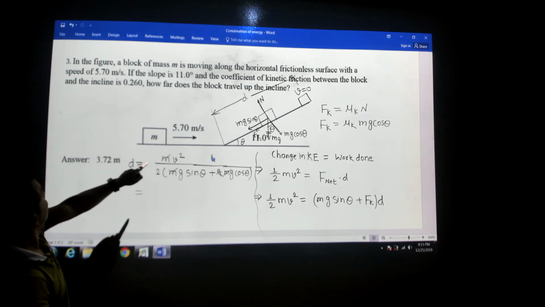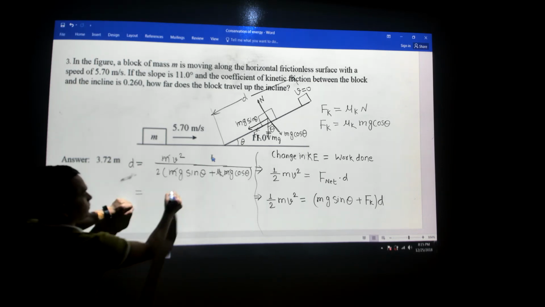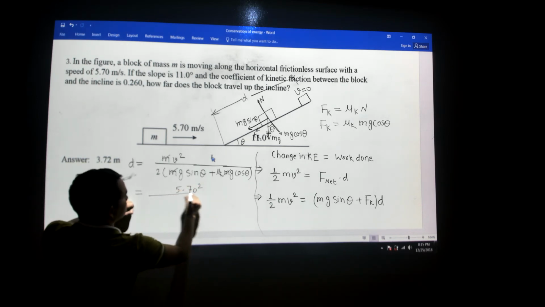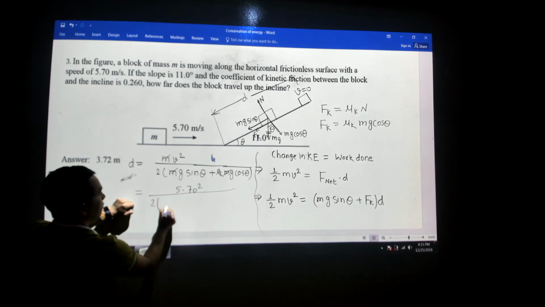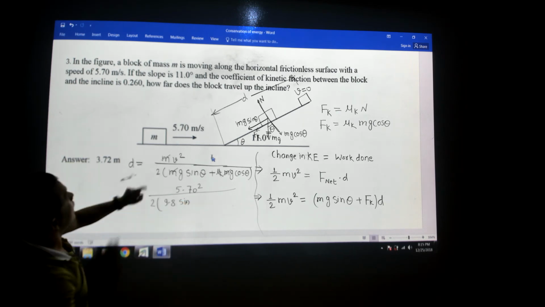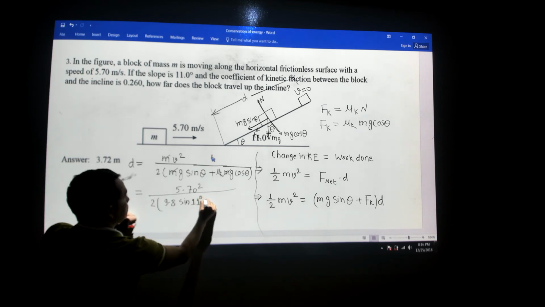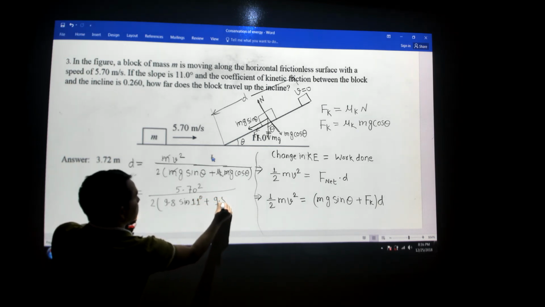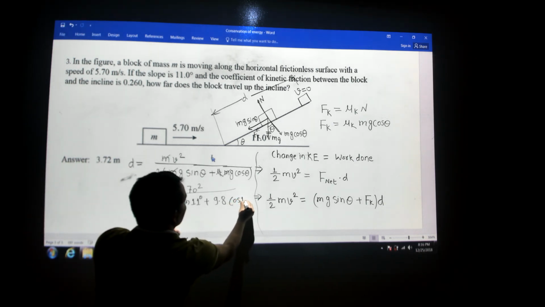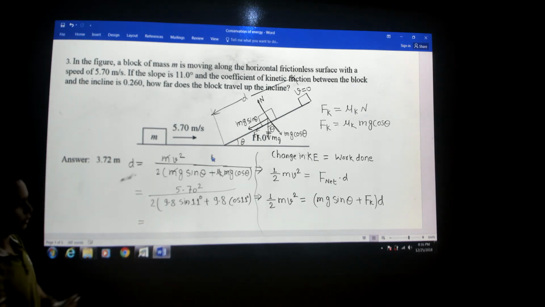The velocity is 5.7, so 5.7 squared over 2 times g, which is 9.8, sine 11 degrees, plus 9.8 times cosine 11 degrees. Just use your math. The answer you will get is 3.72 meters.